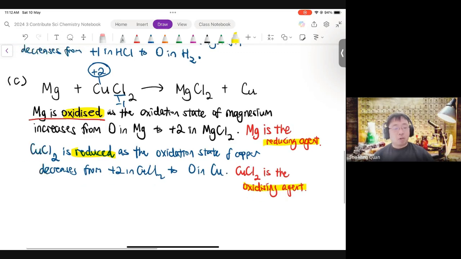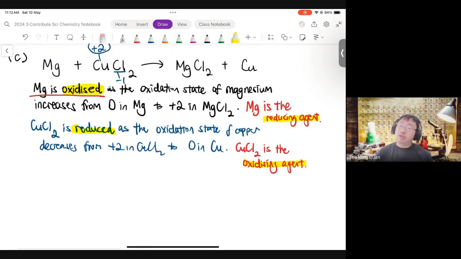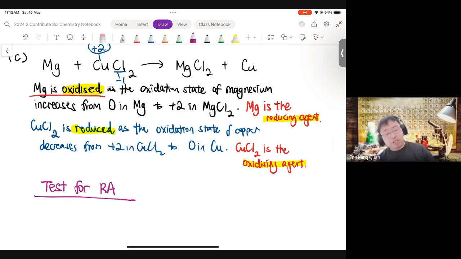Okay? Now, since we are on this topic of reducing and oxidizing agents, how do we test for reducing agents and oxidizing agents in the lab? There must be a good, simple way to see whether something unknown is a reducing or oxidizing agent, right? So this is where we will test for reducing agent and also test for oxidizing agent.